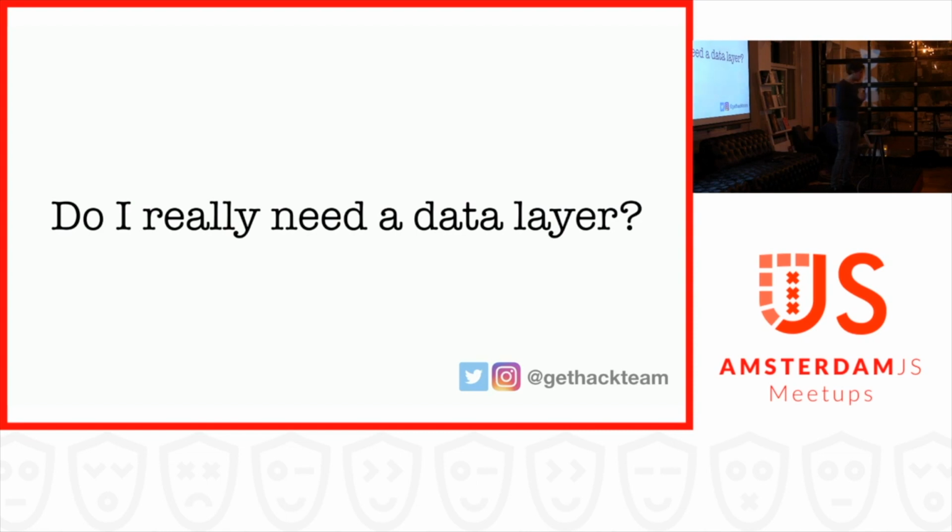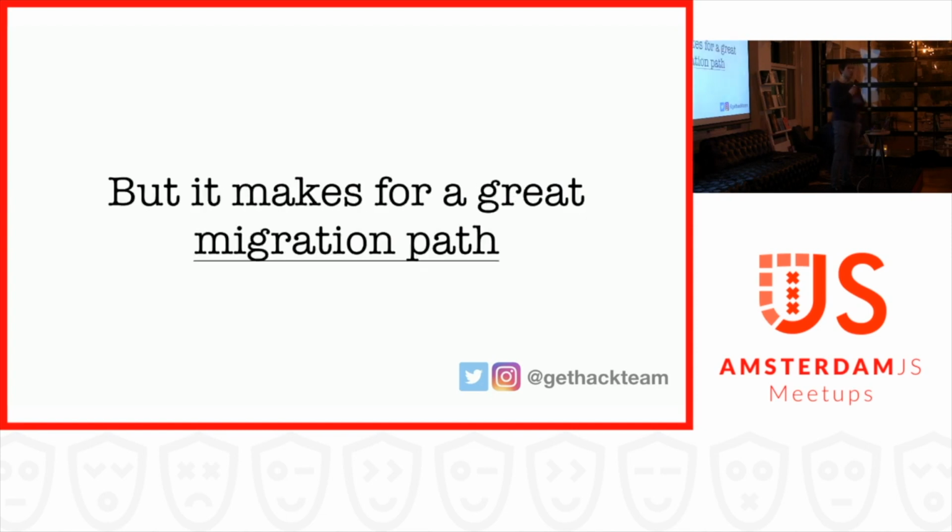So typically you don't really need a data layer unless you're using a really big application that doesn't have an active backend development team, or maybe that's been built on top of existing services already. Something I do really like about a data layer, like we saw, is that it makes for a great migration path.